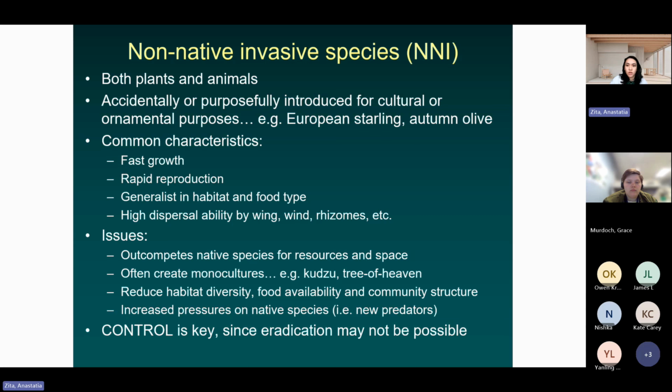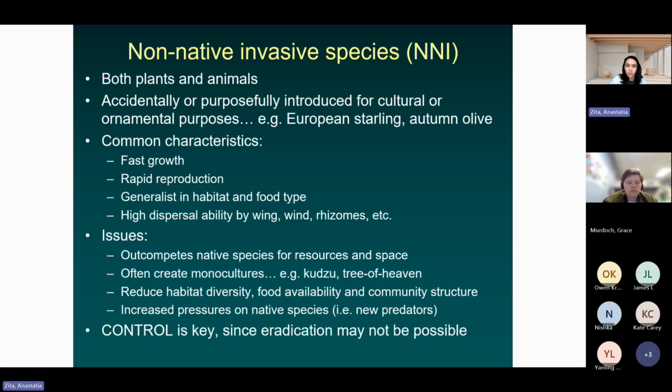These invasive species often have common characteristics like fast growth, rapid reproduction, usually being generalists in habitat and food types, and high dispersal abilities through wings, wind, rhizomes, so they're able to get to a lot of places very fast, basically.